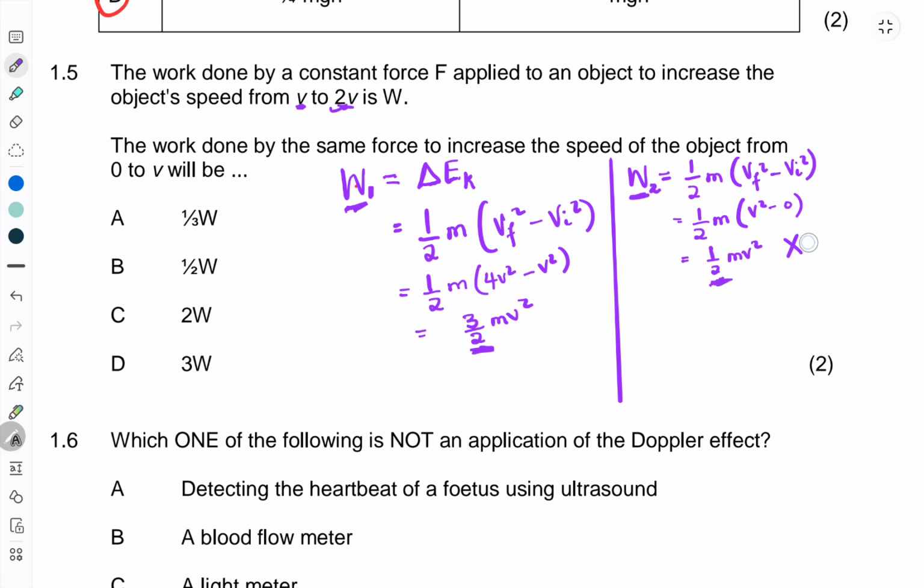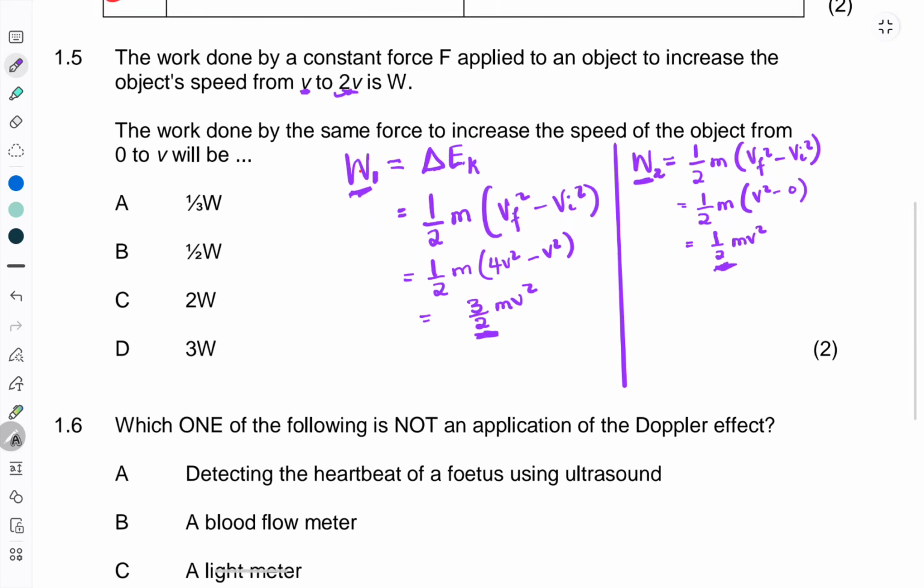So for me to get work 2, I would have to say 1/3 times work 1, which of course if I multiply by 1/3, I'll just get 1/2 mv squared, which is exactly this. So that's how you look at it mathematically.